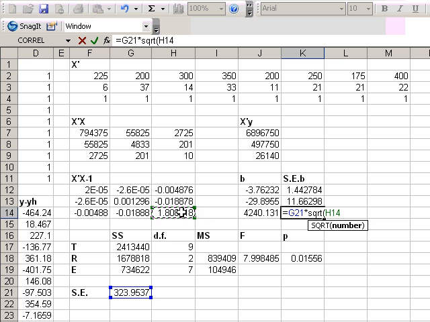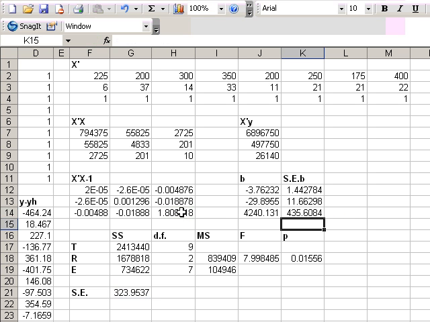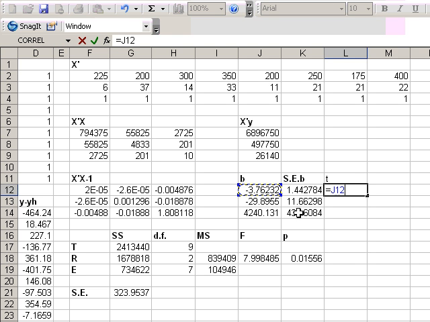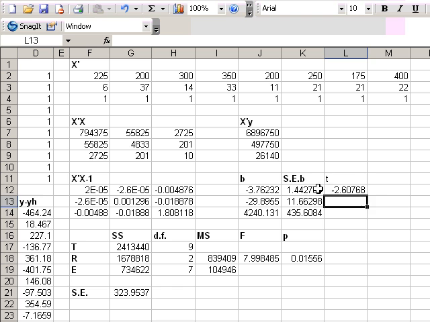These are the main diagonal entries in the X prime X inverse matrix, and we get a standard error of 435. So now the t-test is simply equal to the value of the coefficient for size of the hospital divided by the standard error, and we can drag this down, and we have the t-test for each of the coefficients.